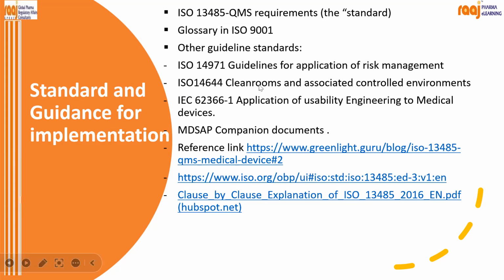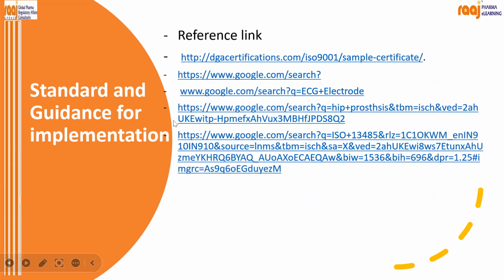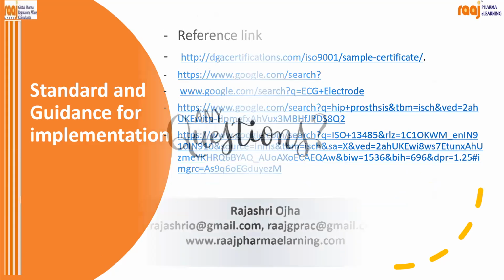If you have to meet the usability criteria for the medical device, then you go for IEC 62366. If you are going through MDSAP, then you read those MDSAP guidances also. Like that, all the material is gathered from different sources and the sources are acknowledged.